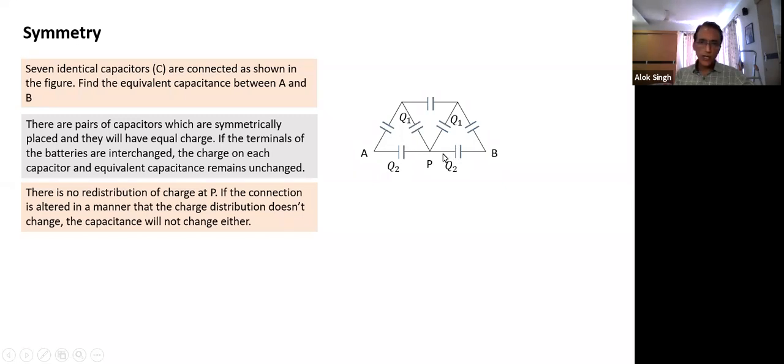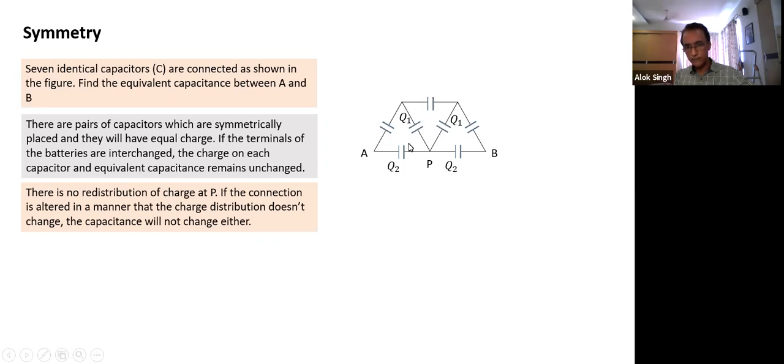So what you notice here is that the junction P is not playing much of a role. Whatever charge has come onto the right plate of this capacitor, the same thing has gone to the left plate of the next capacitor. Here also, whatever charge has come onto this capacitor, this and this put together, the charge is 0. So this junction does not redistribute the charge.